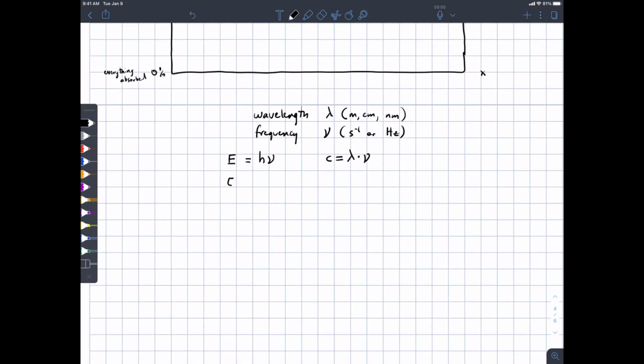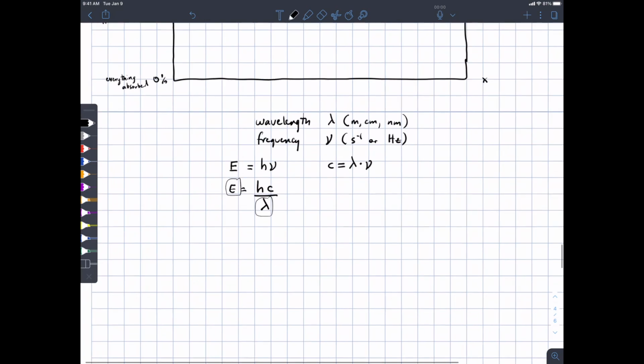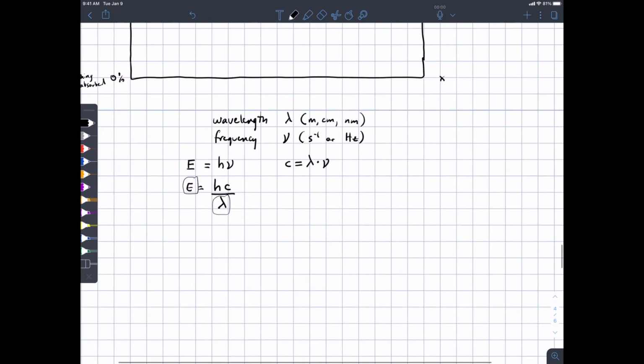So we could combine those two and say that energy is related to Planck's constant times the speed of light divided by wavelength. Because the energy of a photon is related to the inverse of the wavelength, we're going to define a new thing to put on the x-axis, which is called wave number.